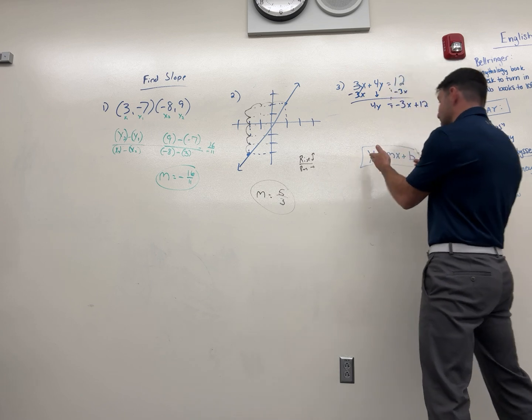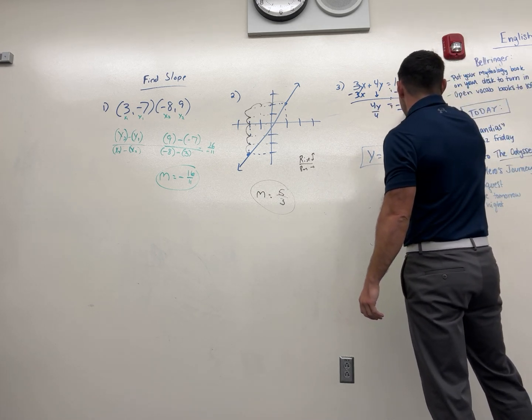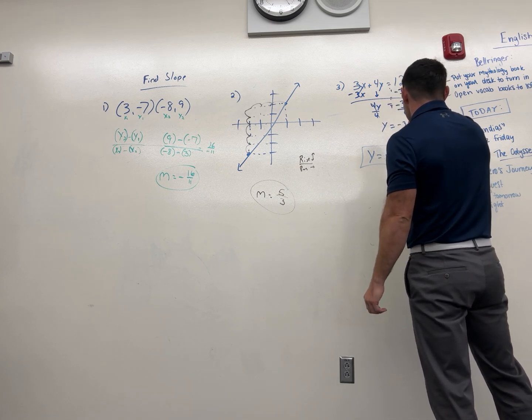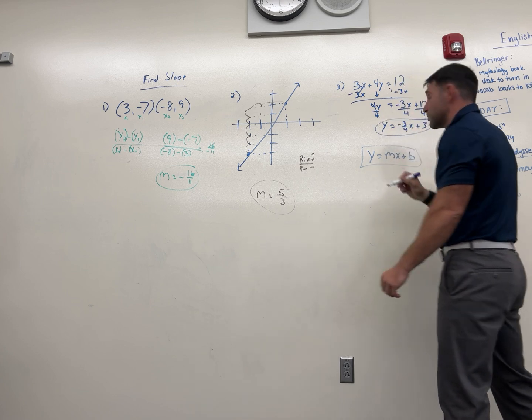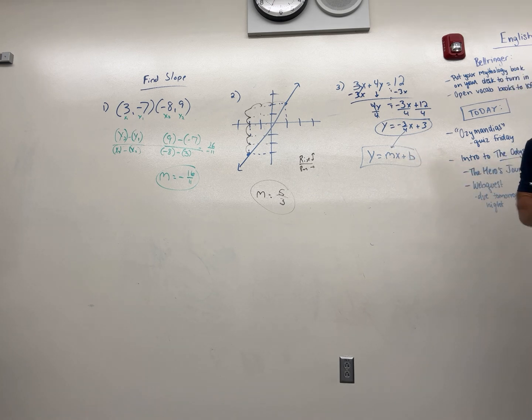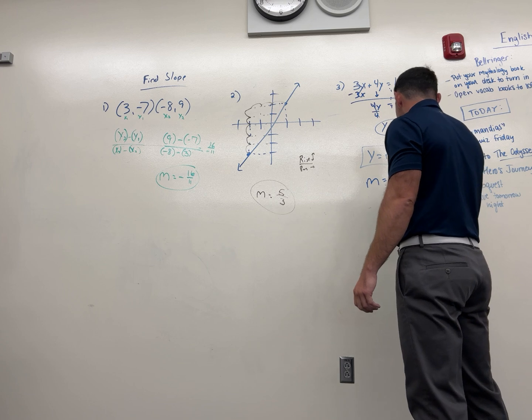Why do I write it like that? Because it's y equals mx plus b. Divide each individual thing by 4. Use your calculators. That gives me negative 3/4 x plus 3. There's my slope-intercept form. My m is next to the x. That's my coefficient. So my slope is negative 3/4.